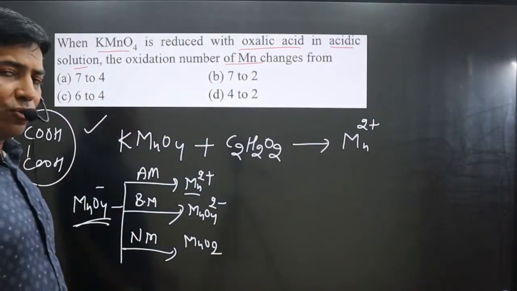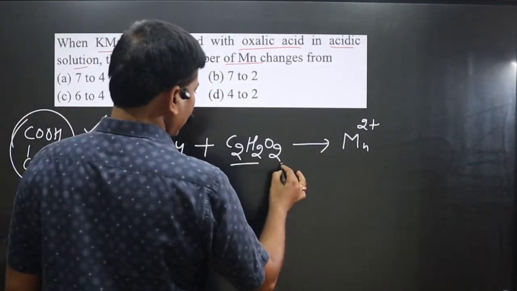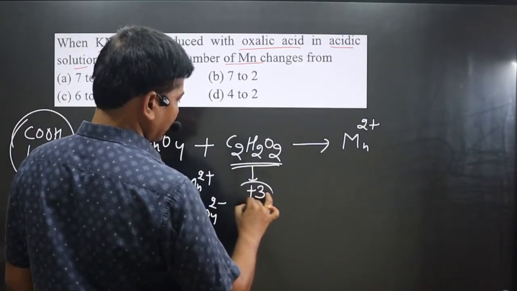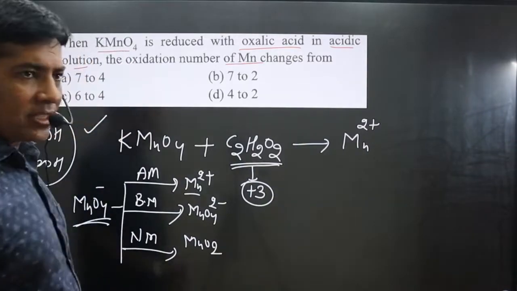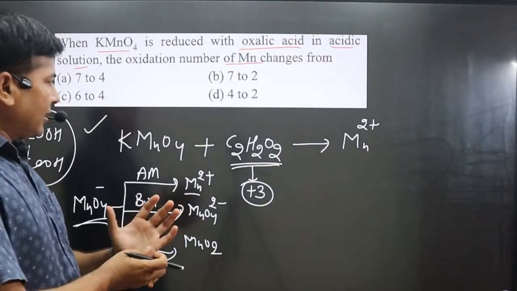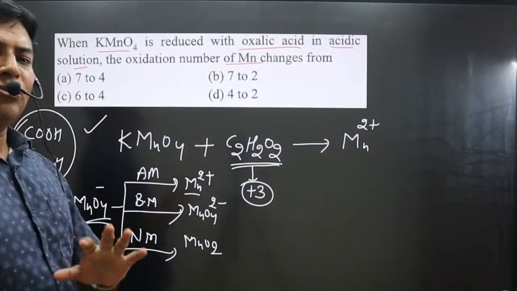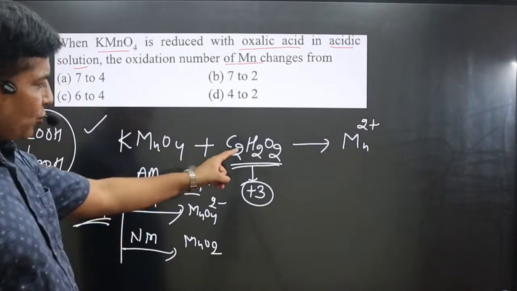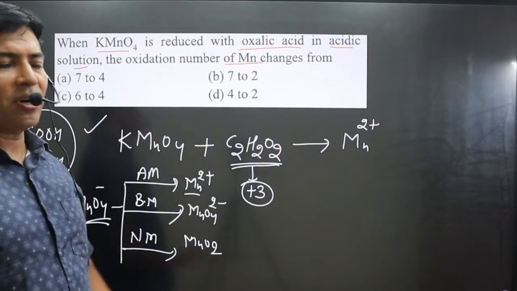But anyway, if you want to complete the reaction, if you calculate the oxidation number of carbon, it is present in +3 oxidation number. And the highest oxidation number of carbon is what? +4. Since oxalic acid is undergoing oxidation in the presence of a strong oxidizing agent, there should be an increase in the oxidation number of carbon.